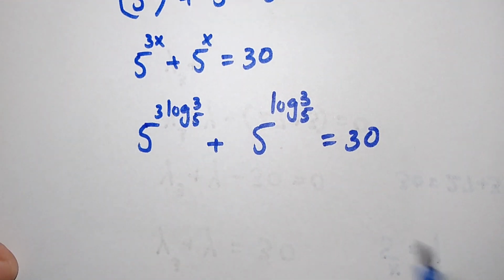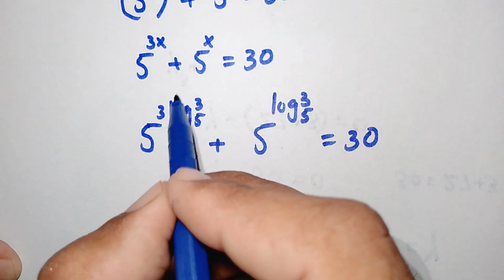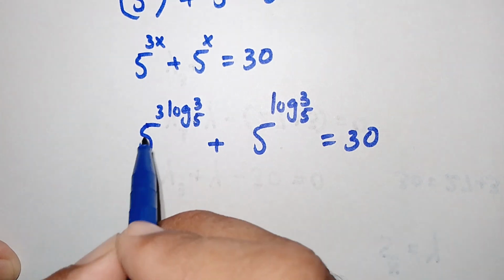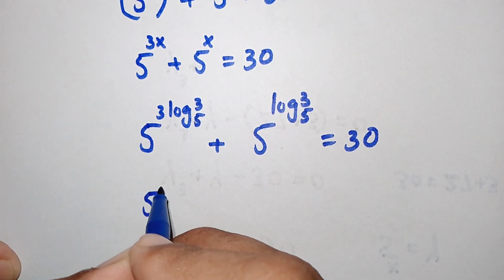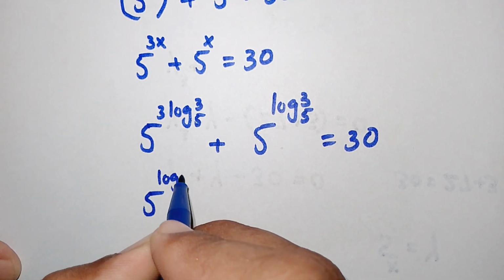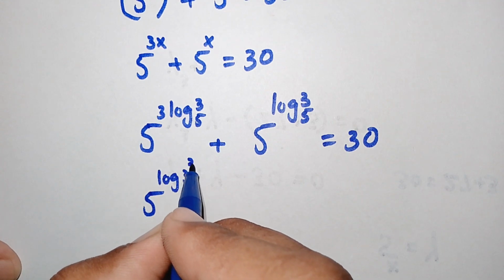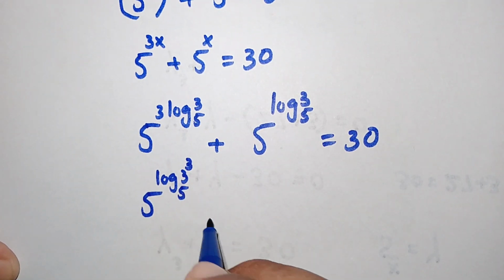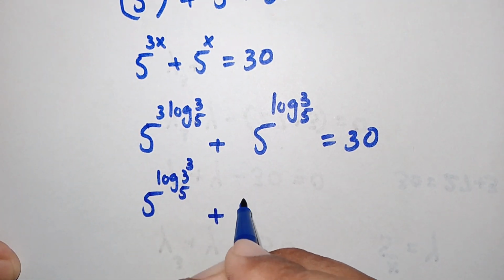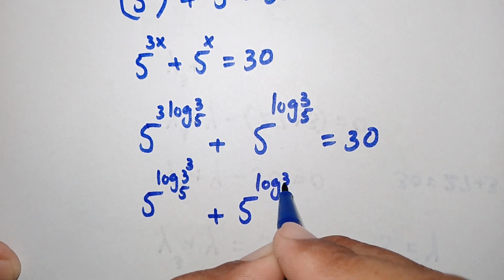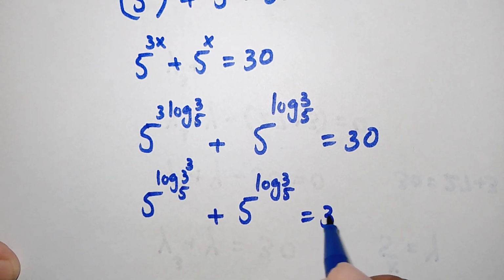Now in the next step we have to move this 3 to the power here, so this will become 5 to the power of log of 3 to the power of 3 with base 5 plus 5 to the power of log of 3 with base 5, which is equal to 30.